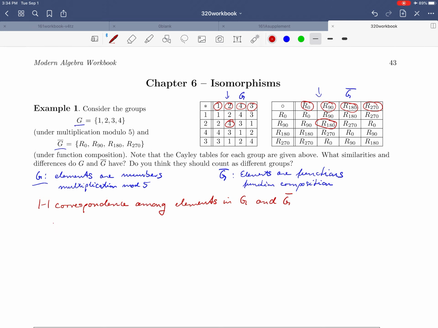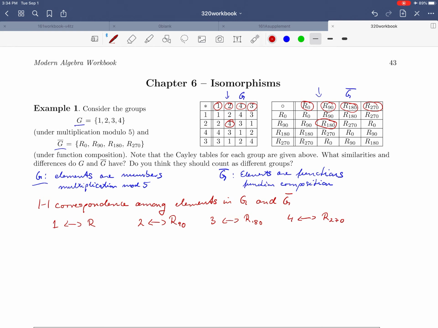The correspondence is: 1 behaves like R0, 2 behaves like R90, 3 behaves like R180, and 4 behaves like R270. And the group action, we can even include that.